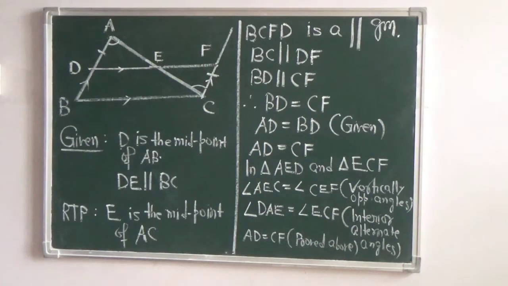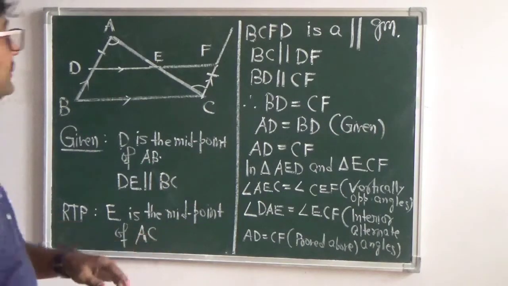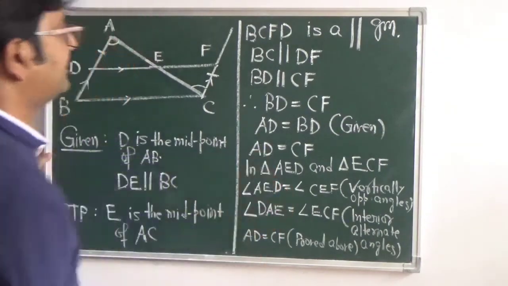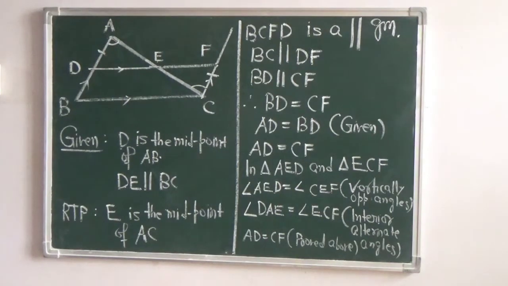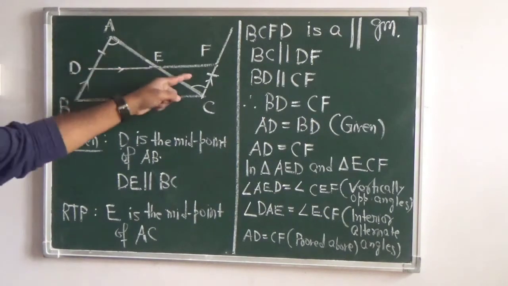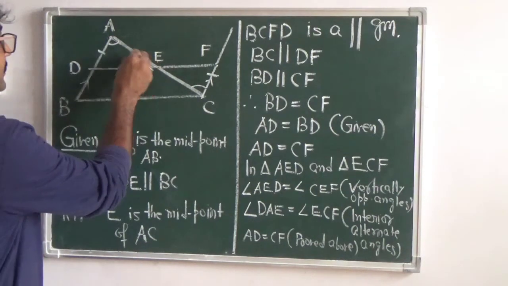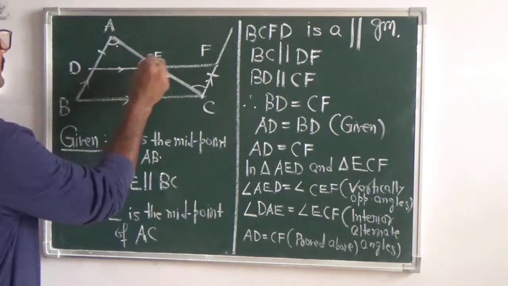So the vertically opposite angle would be AED. AEC, okay, yes. Yeah, AED, right, thank you. AED equals CEF. Now these two triangles are congruent by the angle side property. Angle side.